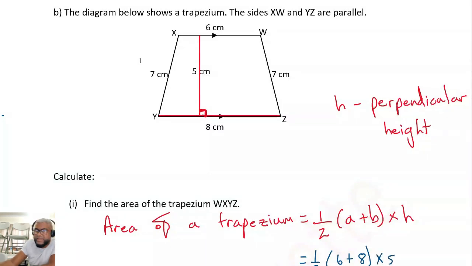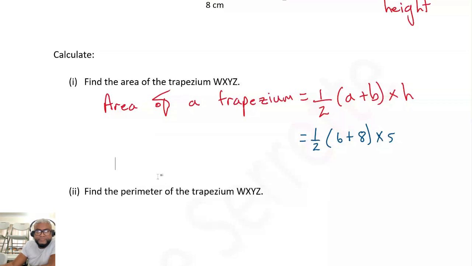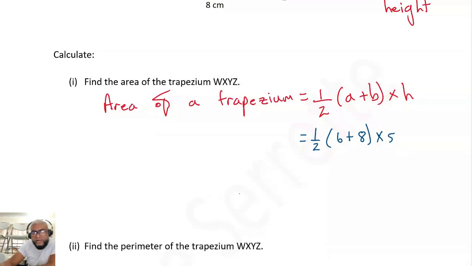Somebody calculate that on a calculator and tell me what's the answer. What's the area of my trapezium? Anybody? 70. I think somebody said 70. I get 35.